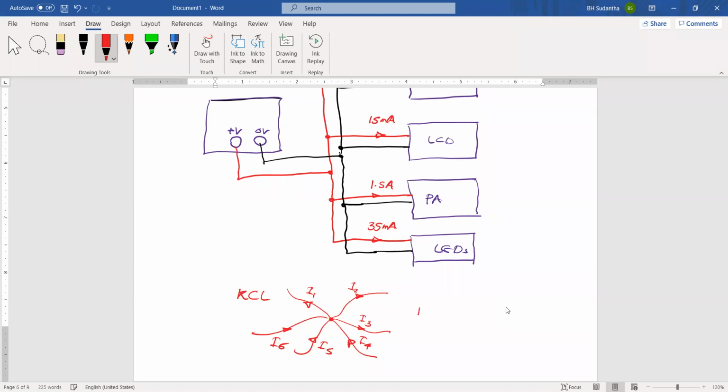For example, here I4 plus I5 plus I6 is equal to I1 plus I2 plus I3. In other words, I4 plus I5 plus I6 minus I1 minus I2 minus I3 equals 0.